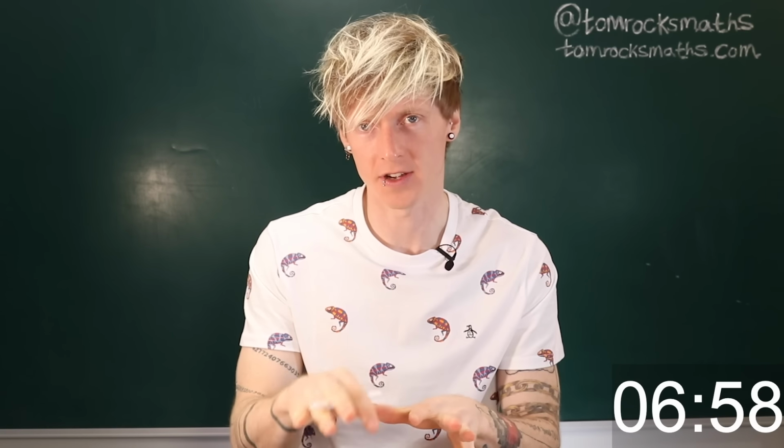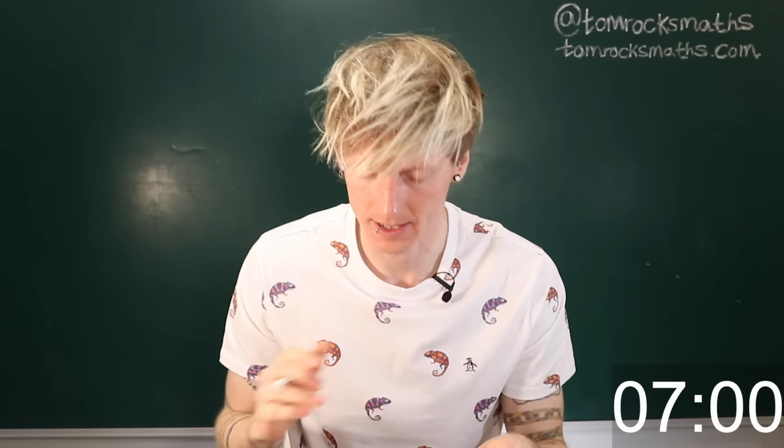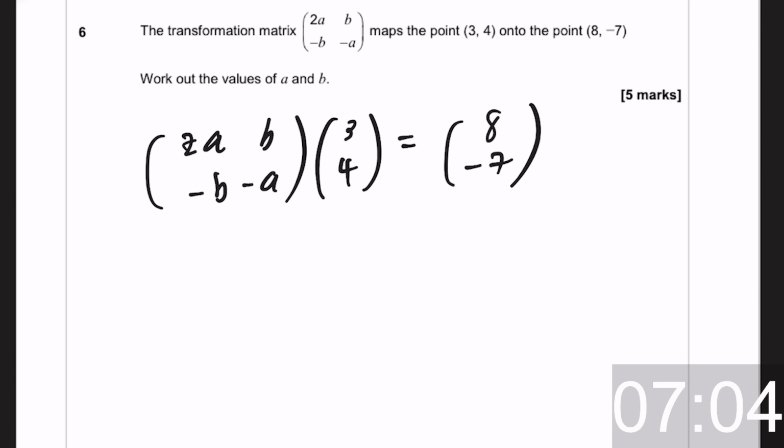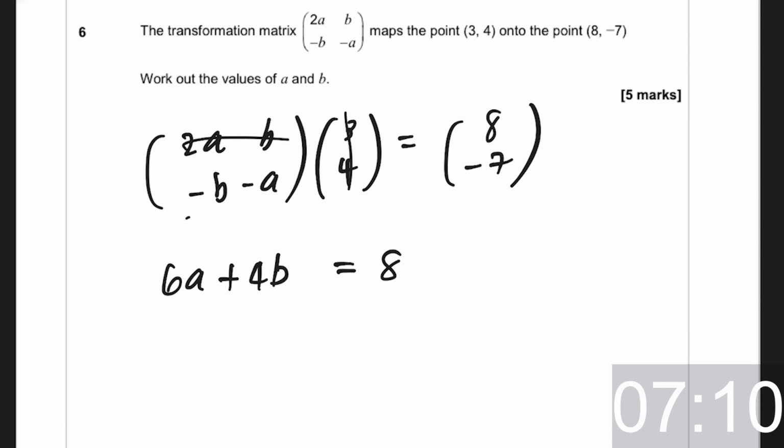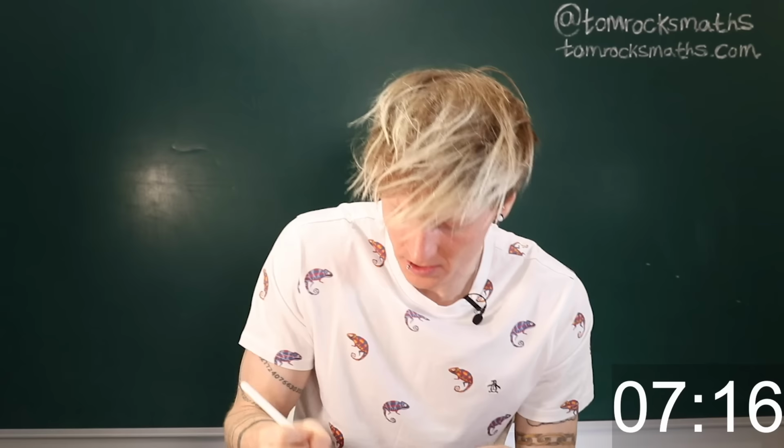That would be the transformation. The matrix is acting on that first vector to give me the new one. I think that's how that's going to work. So I expand this out using matrix multiplication. So that's first row, first column: 6a plus 4b, therefore has to be 8. And then first row, second column: minus 3b minus 4a has to be minus 7.